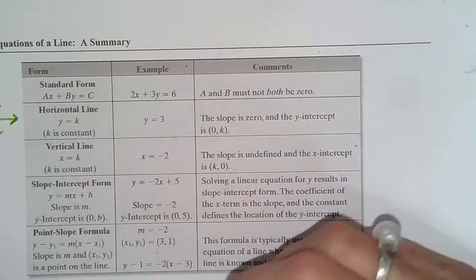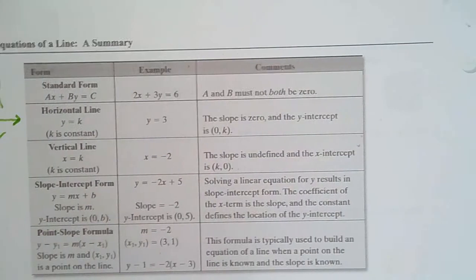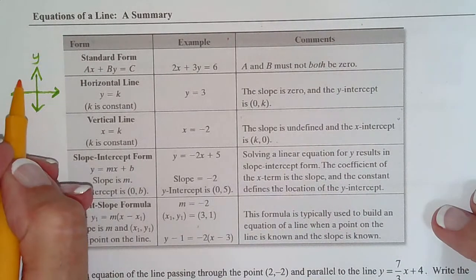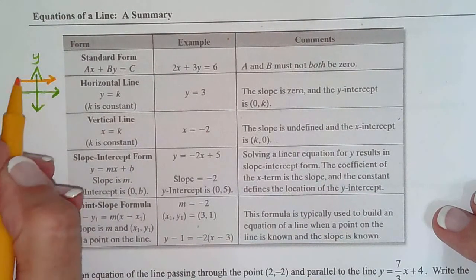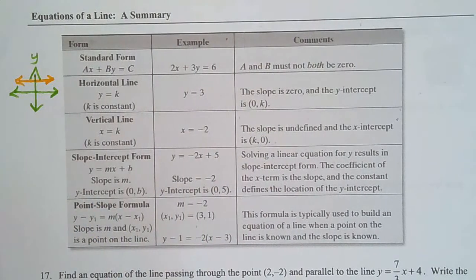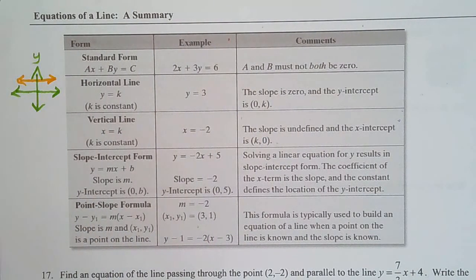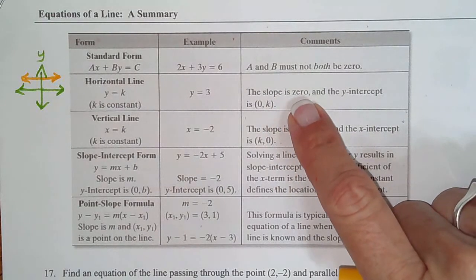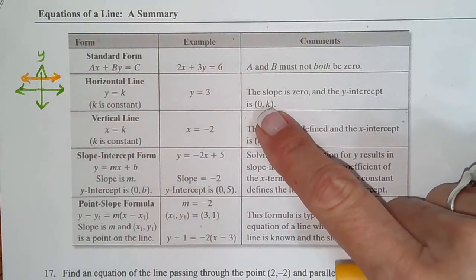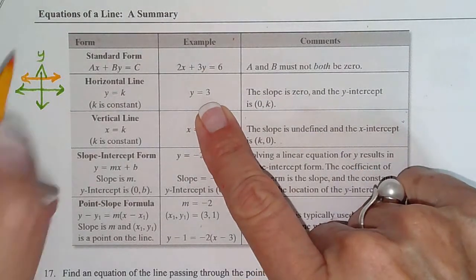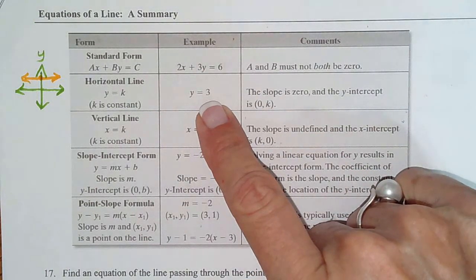So that's why they're always y equals, because horizontal lines only pass through the y-axis. So they won't have an x in them, they'll only have a y. And we learned horizontal lines have a slope of 0, and the y-intercept's always going to be 0, comma, whatever that is. In this case, it would be 0, 3.